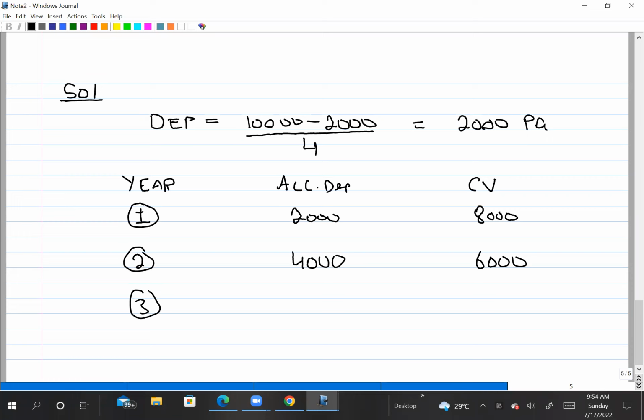In year 3, accumulated depreciation will be 6000 and the carrying value will be 4000.